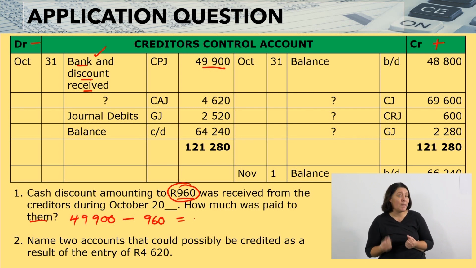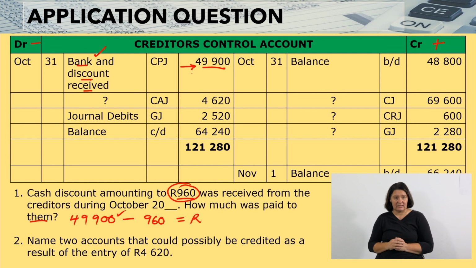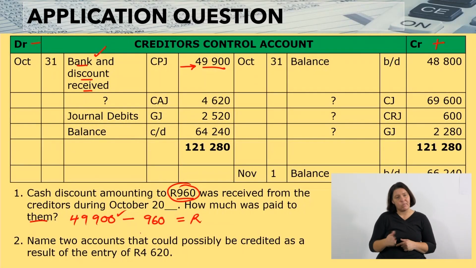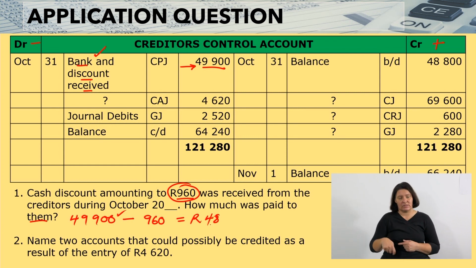How much do we then get? Please punch that in your calculator. 49,900, which is what we are given over here, includes 2 amounts, bank as well as discount. Let us take out the discount so then we can remain with the bank, what we actually paid. How much do you get on your calculators? 48,940. Thank you so much.